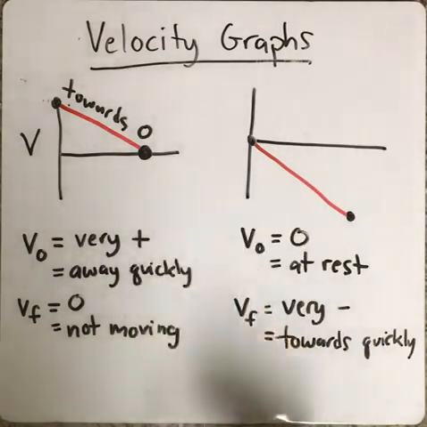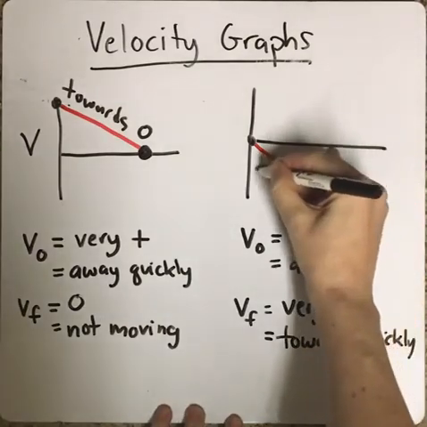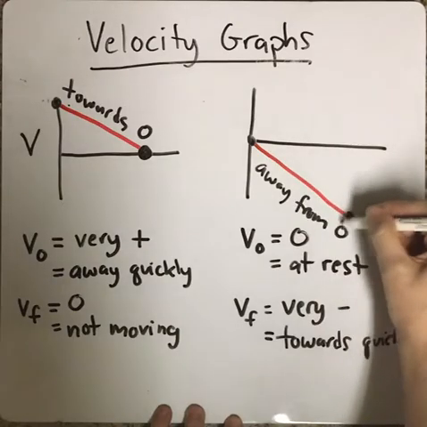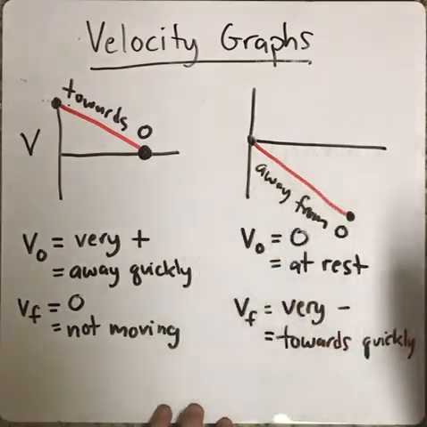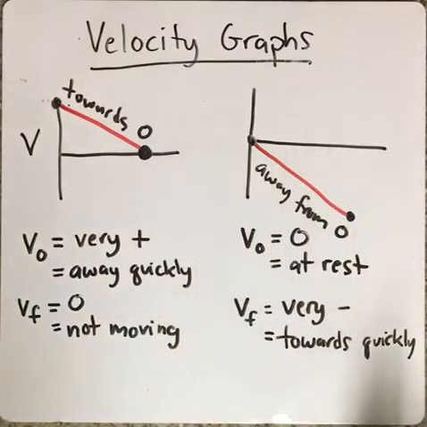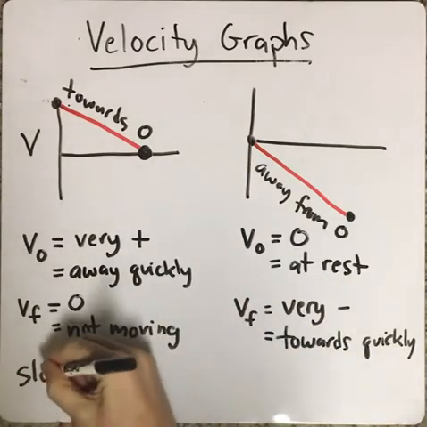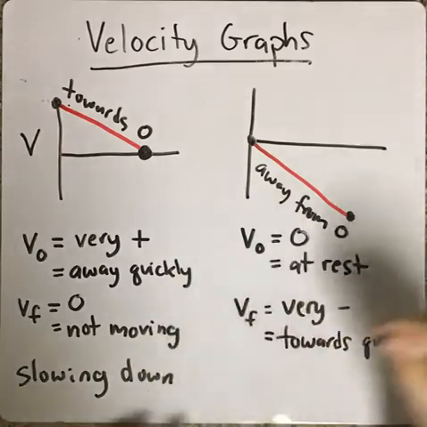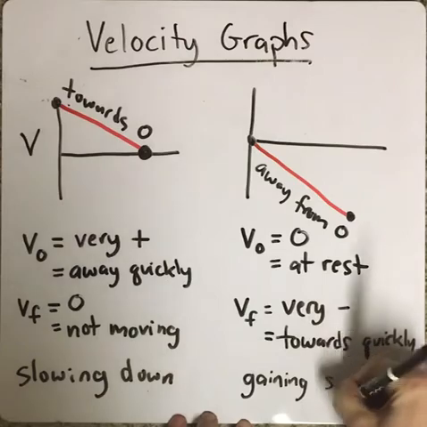I can see that by looking at the velocity graph because notice that this graph slopes away from zero. It's getting further and further from that center axis, which means it's getting faster. Okay? So the first graph was slowing down, and the second graph is gaining speed.